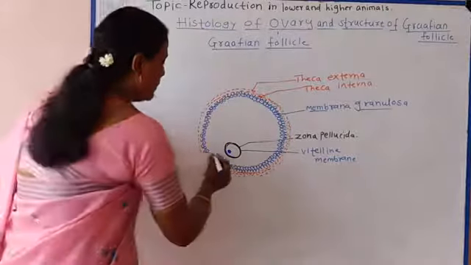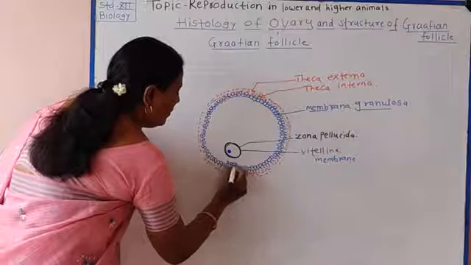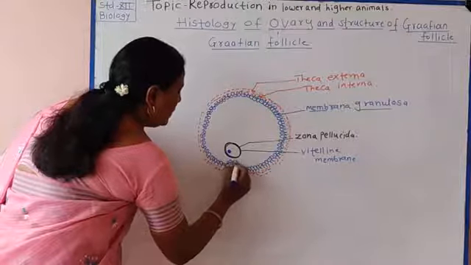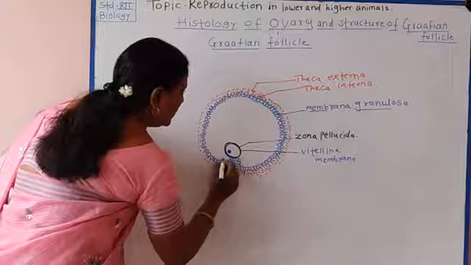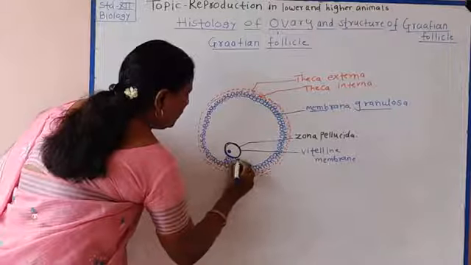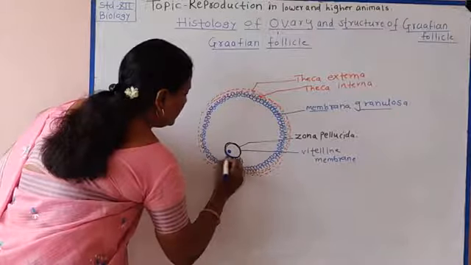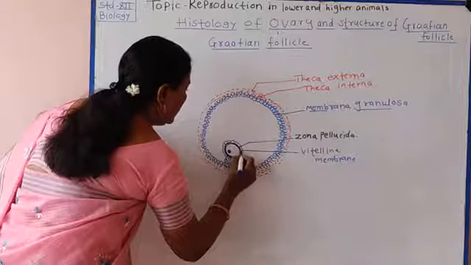Now some of these granulosa cells are present just near the secondary oocyte. This is the secondary oocyte, and they give support to it, and they are also present surrounding the secondary oocyte.